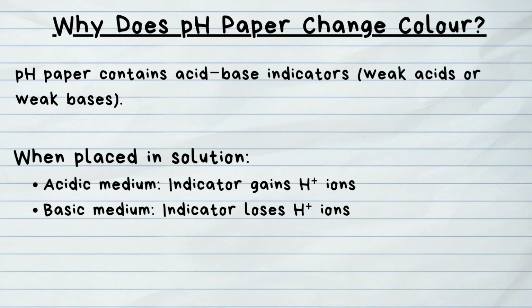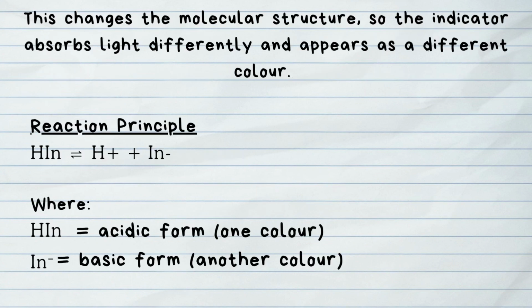And when it touches a basic solution, the indicator loses hydrogen ions. Because of this change, the molecular structure changes. And when the structure changes, the way light is absorbed also changes. And that is exactly why we see different colors. So basically, different pH means different color.